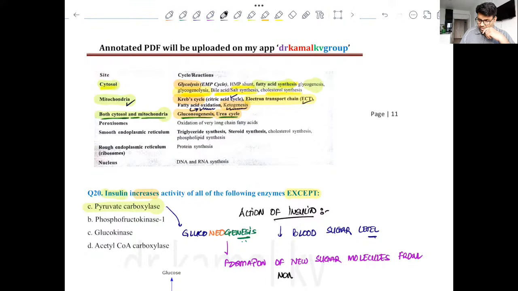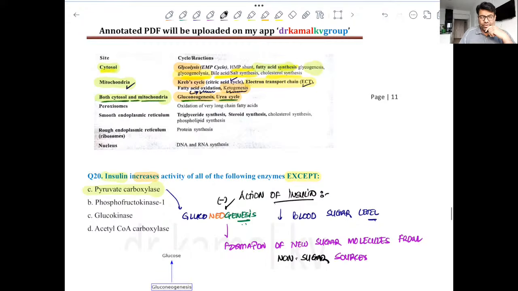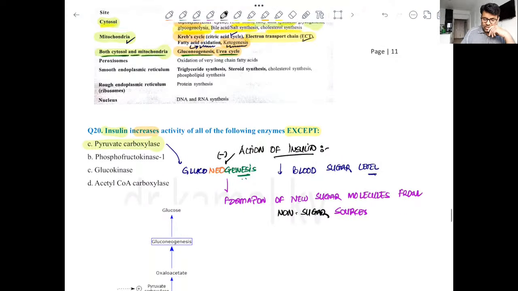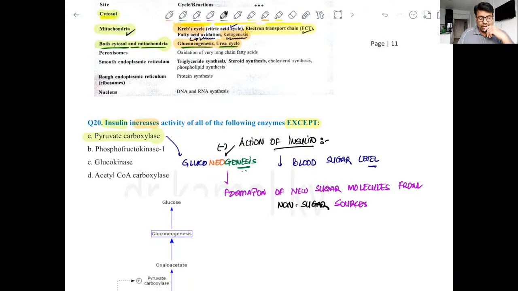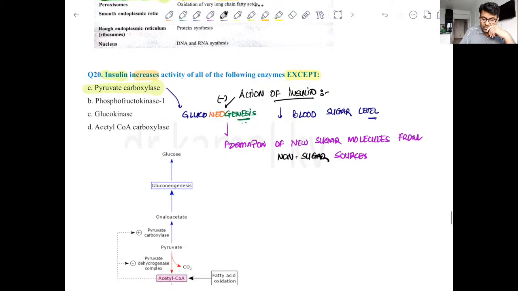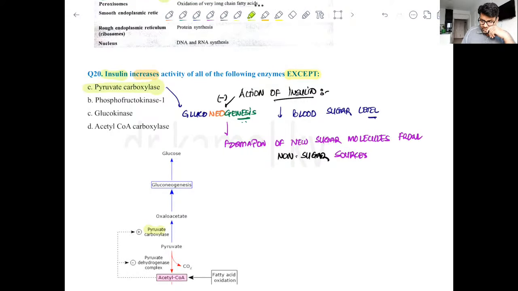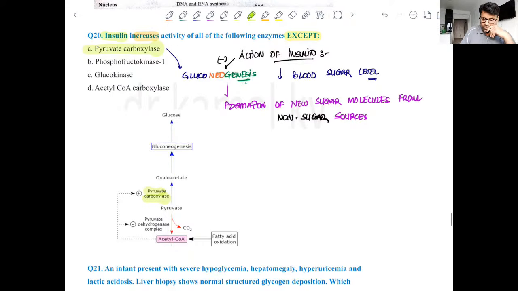So here insulin will not, because insulin inhibits gluconeogenesis, so it will never favor an enzyme which is participating in this particular pathway. So therefore insulin will never increase the activity of pyruvate carboxylase, which is needed in the process of gluconeogenesis. So this is always inhibited by insulin.